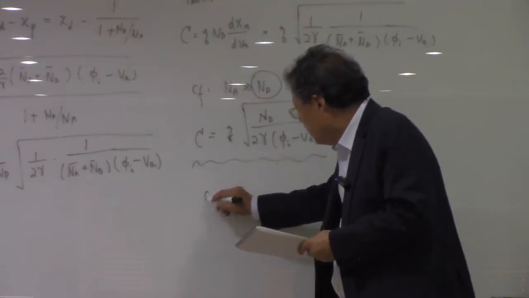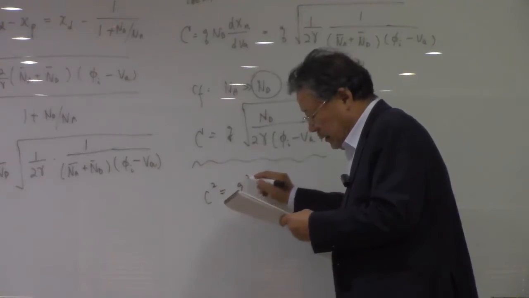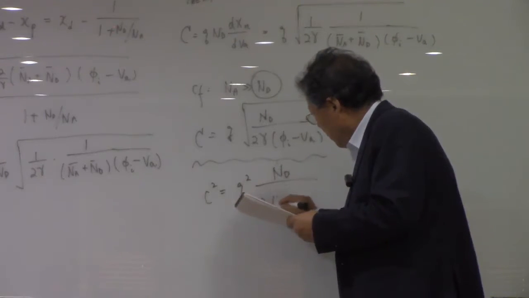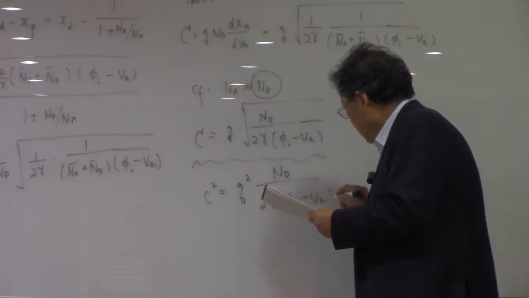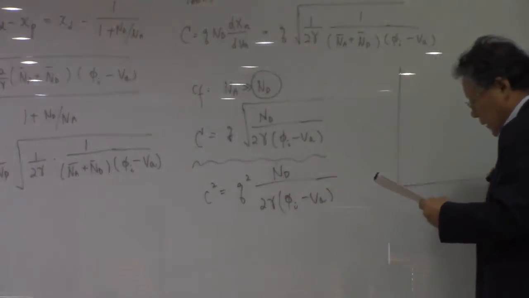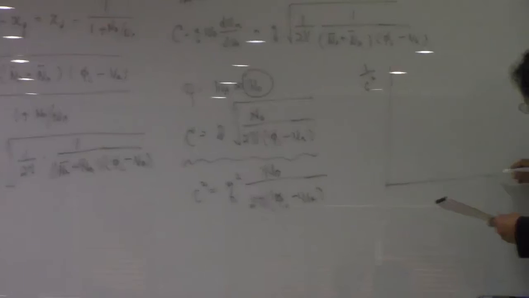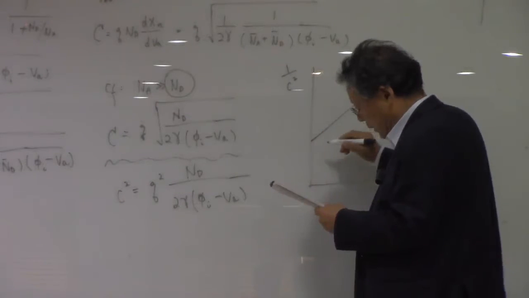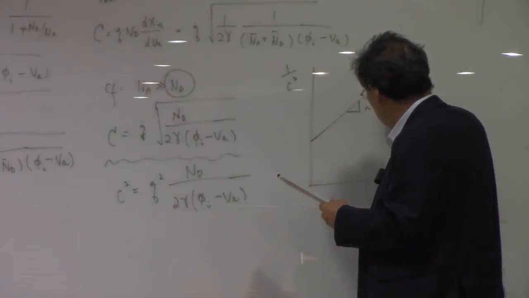And of course, if you get this equation, Nd over 2 gamma phi I minus VA, something like this, so if you make a plot of 1 over C squared versus VA, then you are going to have a straight line, and this slope corresponds to 1 over Nd.